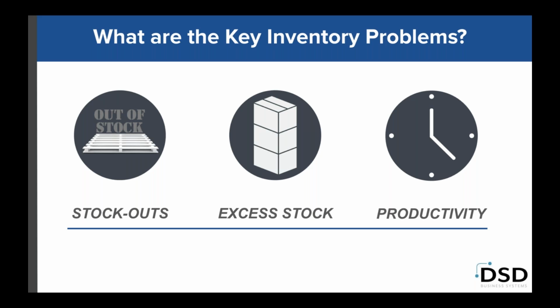We think about it in terms of three key problems. If we're not doing this correctly, if we're not applying best practices to this function in the organization, then we see a couple of symptoms. One is that we're running out of inventory. That's the worst thing that can happen: a customer comes to my door or my website and says, I want to place a product order, and I can't fulfill that order.